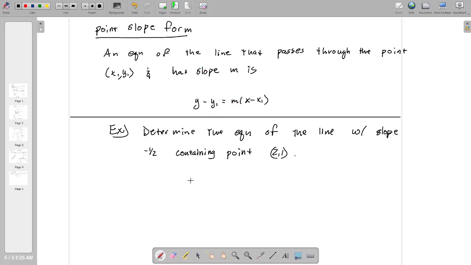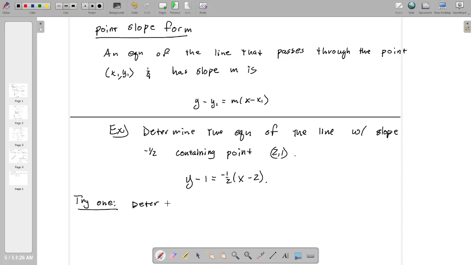So all we need to do is plug in our points. y minus 1 equals -1/2 times (x minus 2). Noting that we have a minus here and a minus here. So this 2 is not actually negative, it is still the positive 2. It's just that the negative here is a part of the equation.